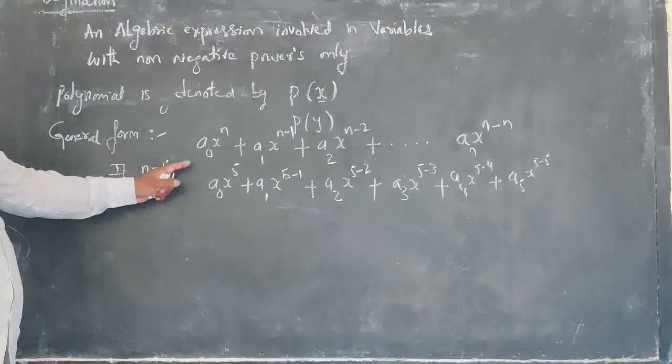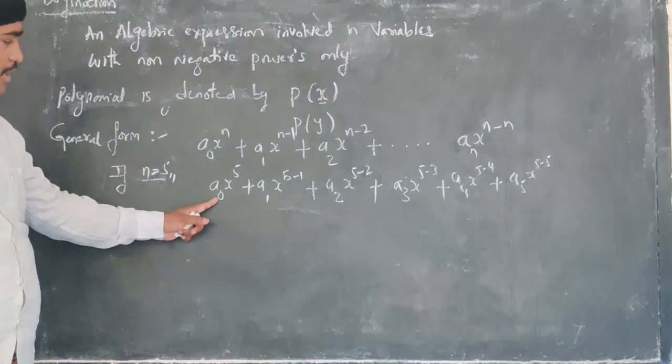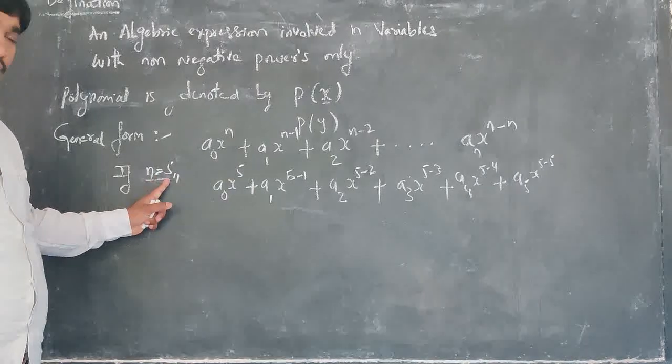Now if you observe, a0 x power 5 starts with the highest power.